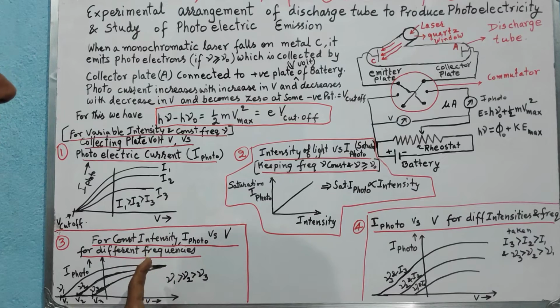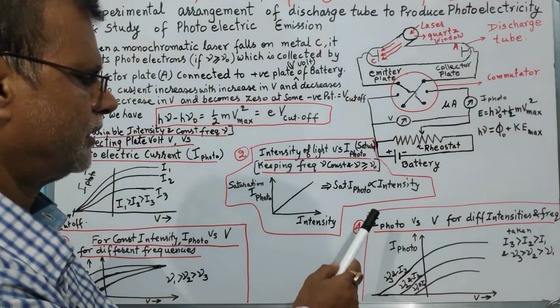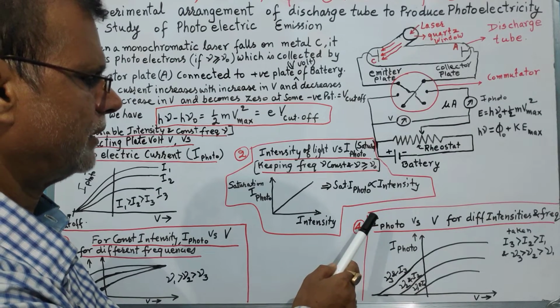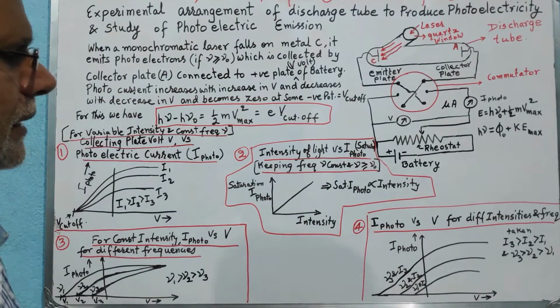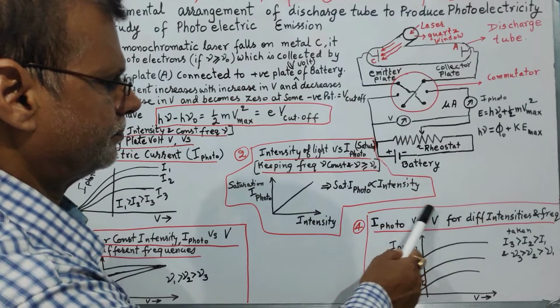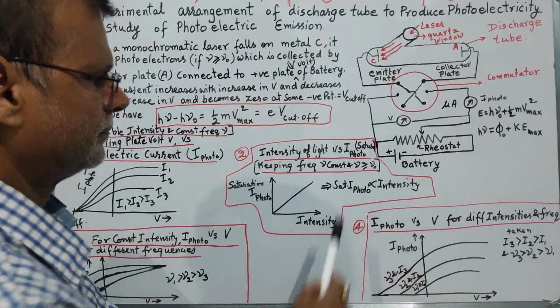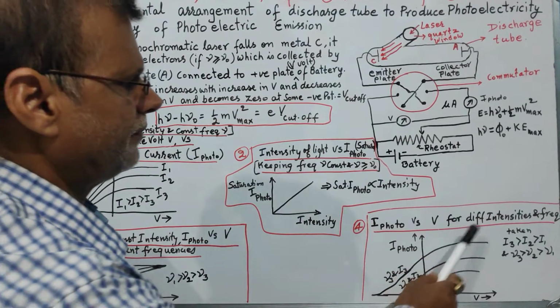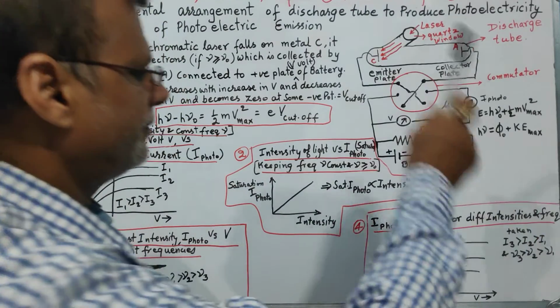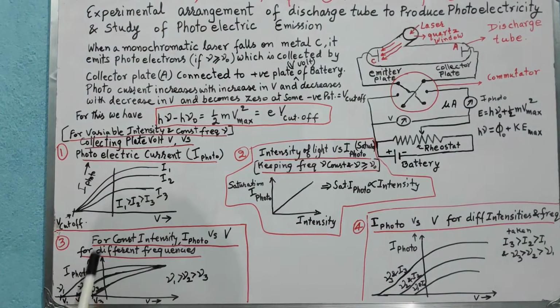So this is the third graph, and the fourth graph we study is photoelectric current versus collector plate potential for different intensities and different frequencies. Earlier we kept the intensity the same and varied the frequencies.